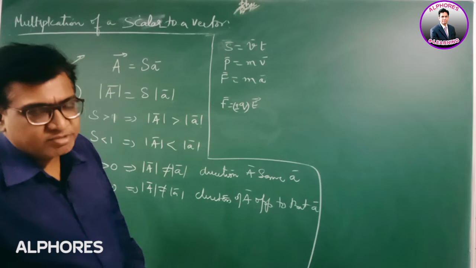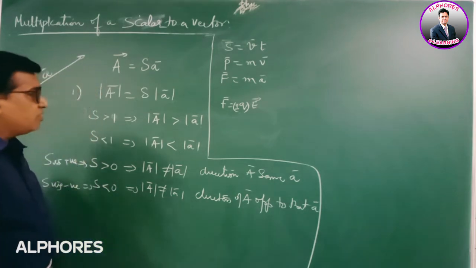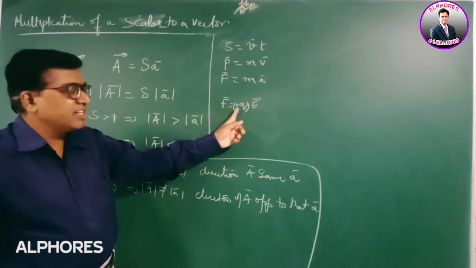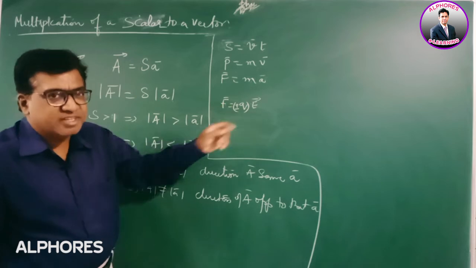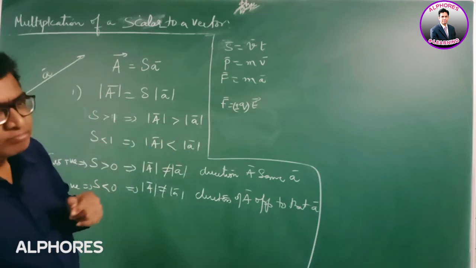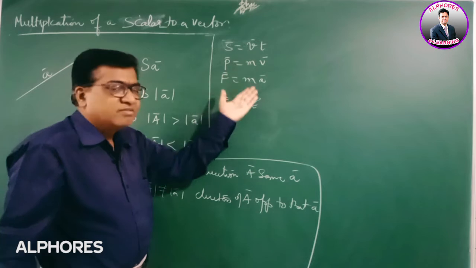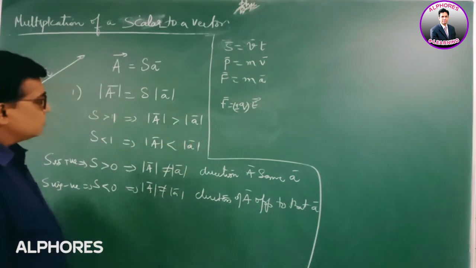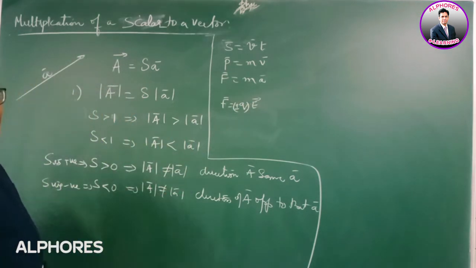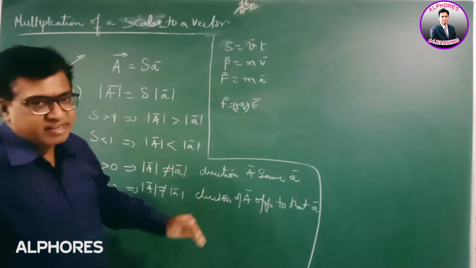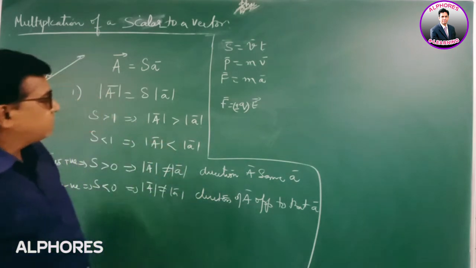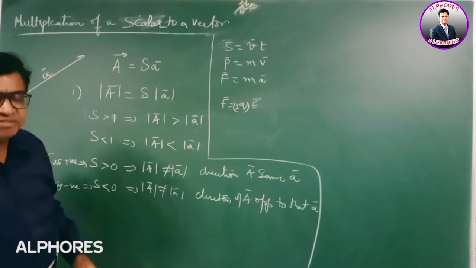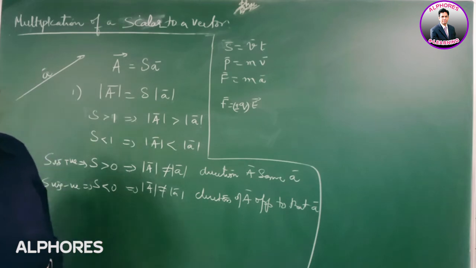Then you have to take the opposite direction. So if the charge scalar is negative, then the direction of the force is opposite to the electric field. Direction is reversed. Well, magnitude changes here. Magnitude obviously changes. So this way, multiplication of a scalar to a vector can be explained in this manner. These are the things which explain the variation of the vector with the multiplication.